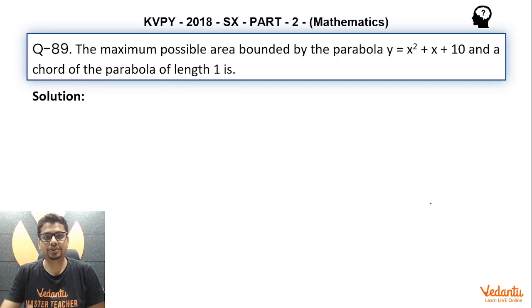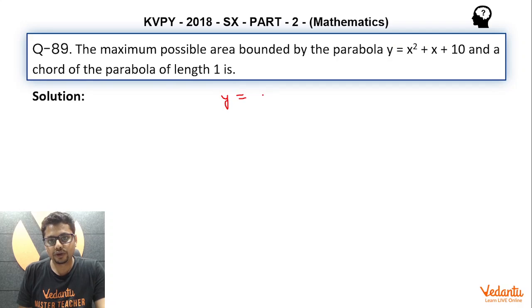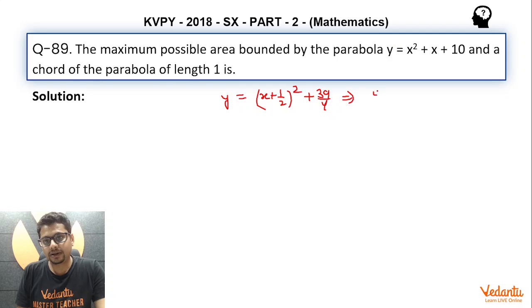Let's explore this question. So here y equal to, you may say, x plus half whole square plus 10 minus 1 by 4, which essentially is plus 39 by 4. So this essentially becomes y minus 39 by 4 is equal to x plus half whole square.